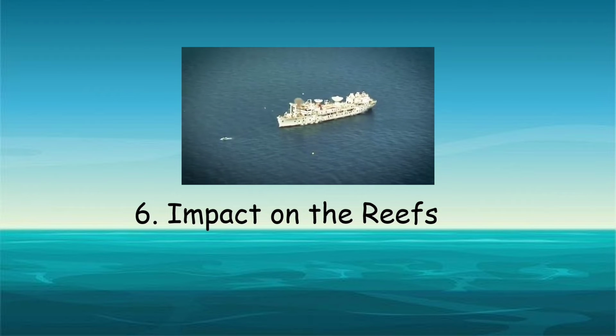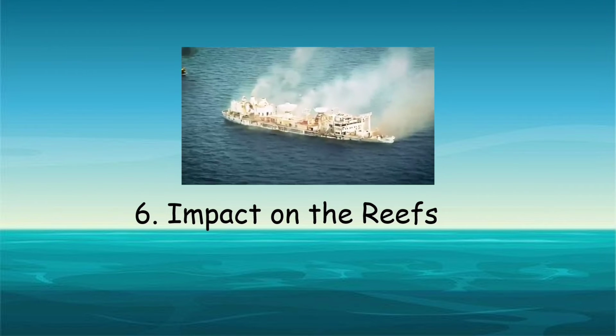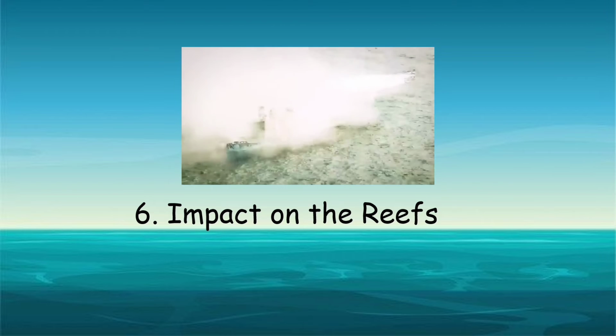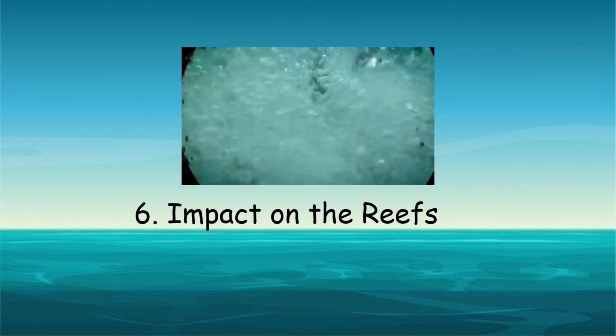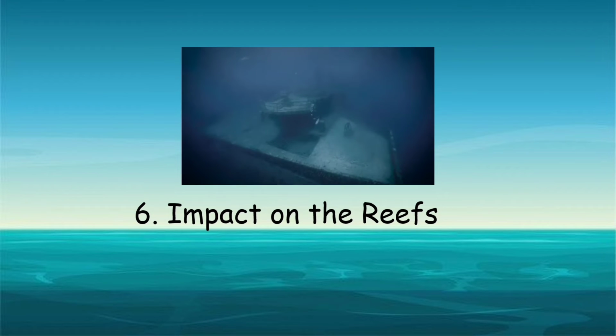Number 6, impact on the reefs. As more carbon dioxide is absorbed into the oceans, it bonds to form carbonic acid. The acid then produces hydrogen ion and bicarbonate ion, and the hydrogen ion bonds with free carbonate ions in the oceans to form other bicarbonate products.